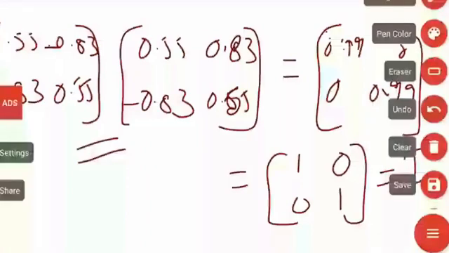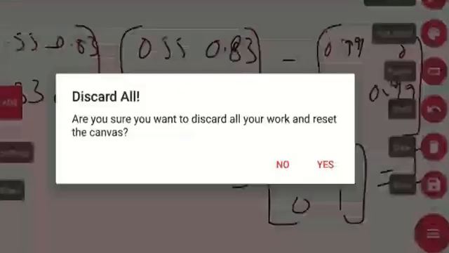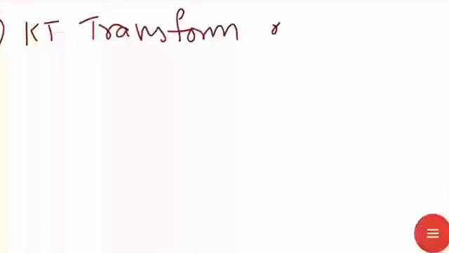Now apply this transformation matrix on the input image, the KL transform of the input matrix or image.